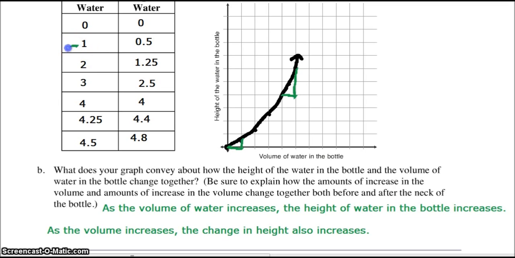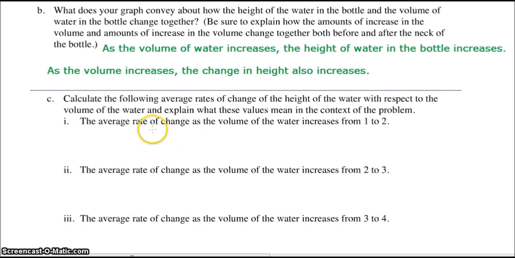So from 1 to 2, the change in volume is 1, and the change in height is 1.25 minus 0.5, which is 0.75. So that means that the change in height over the change in volume is 0.75 over 1, or 0.75. Explain what this value means.